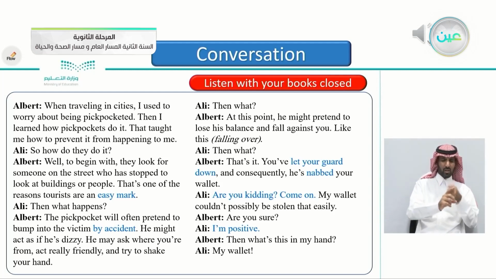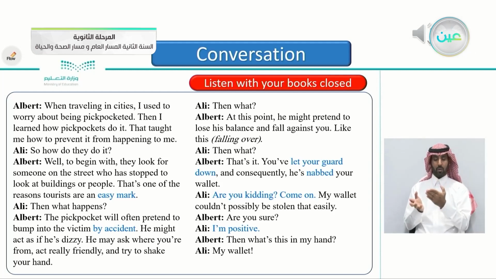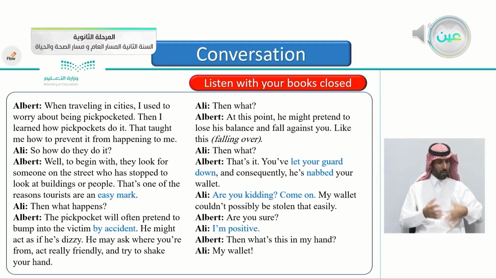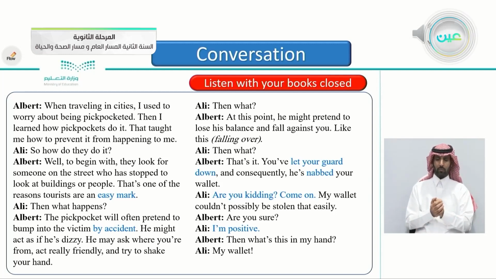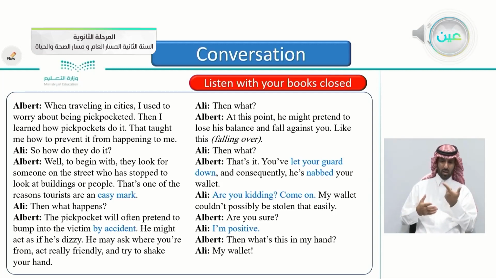He may ask you where you're from, act really friendly, and try to shake your hand. Then what? At this point, he might pretend to lose his balance and fall against you. Like this. Then what? That's it. You've let your guard down, and consequently, he's nabbed your wallet. Are you kidding? Come on, my wallet couldn't possibly be stolen that easily. Are you sure? I'm positive. Then what's this in my hand? My wallet.